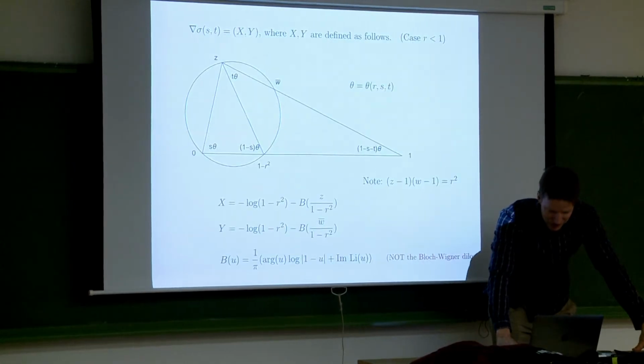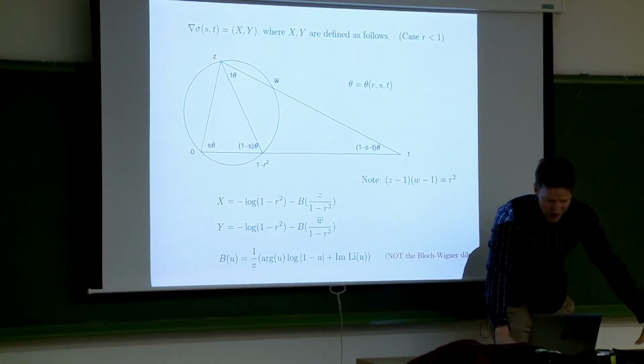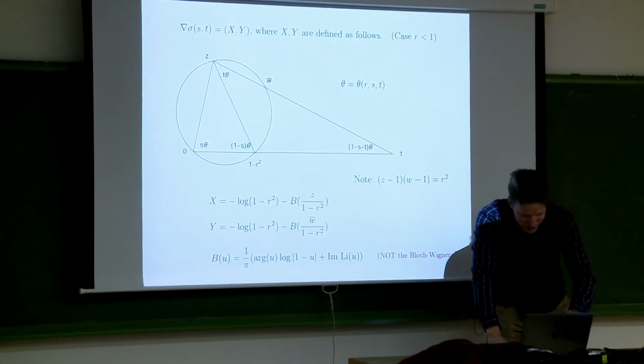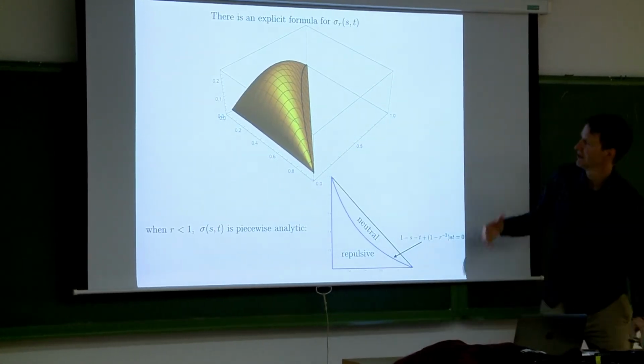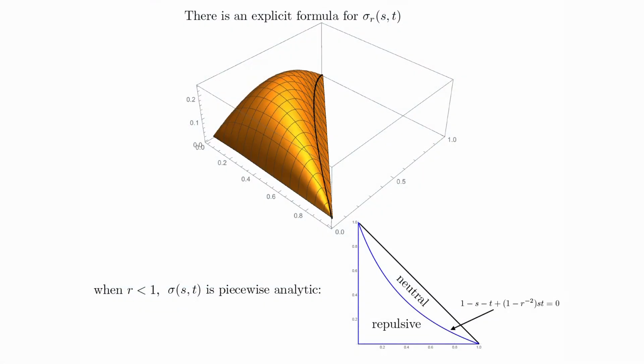But the end of the story is you go through this longish calculation, which I don't have time for, unfortunately, and you find that the surface tension function can be computed again analytically. There's an explicit formula for the surface tension in this case, which depends on R now.